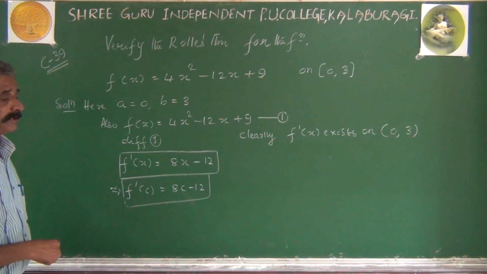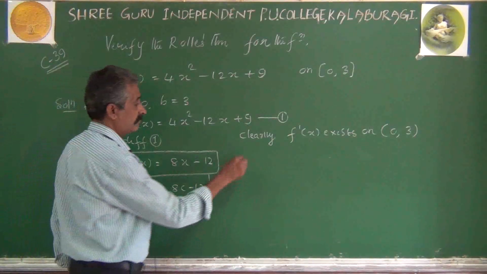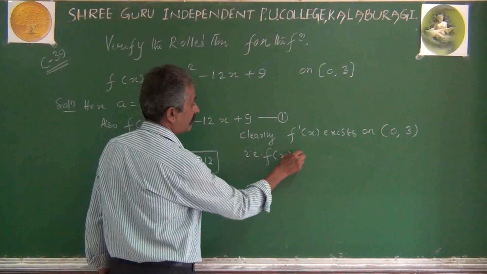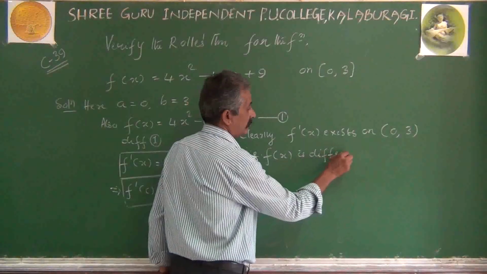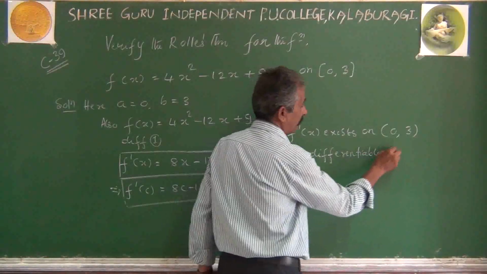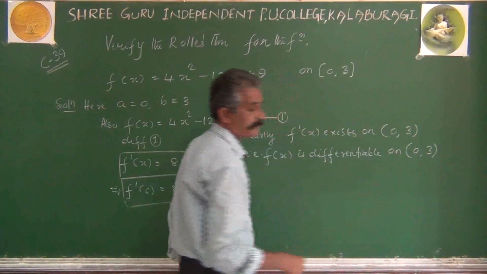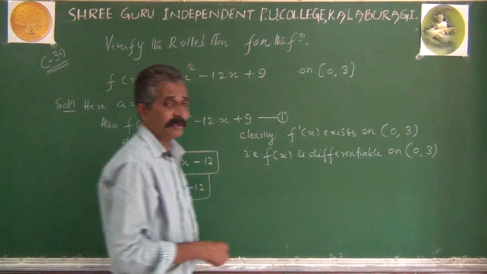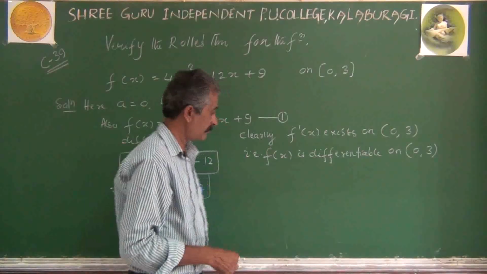What is the meaning of f dash of x exists? It means f of x is differentiable on the open interval a comma b, here the open interval 0, 3. We have a theorem. What does the theorem assert? Every differentiable function is always continuous.